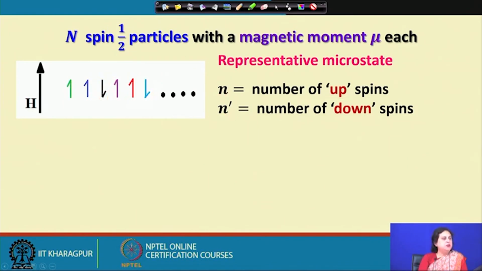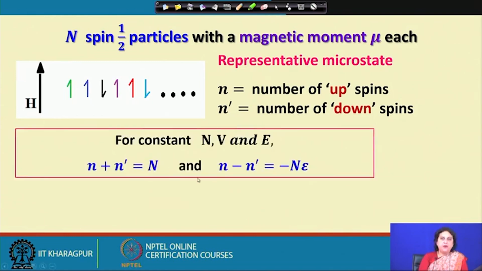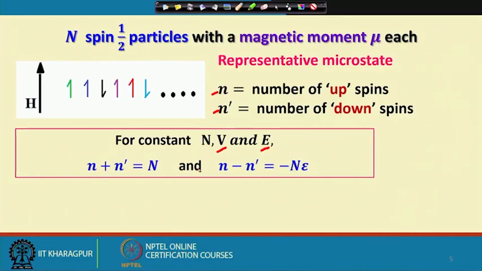Let us not bother about the exact values of n prime, but instead see that there are 2 constraints on this system. If I hold the total number of particles constant, in a constant volume V, and if the total energy of the system is fixed, then there are 2 equations that must be satisfied by the numbers n and n prime.